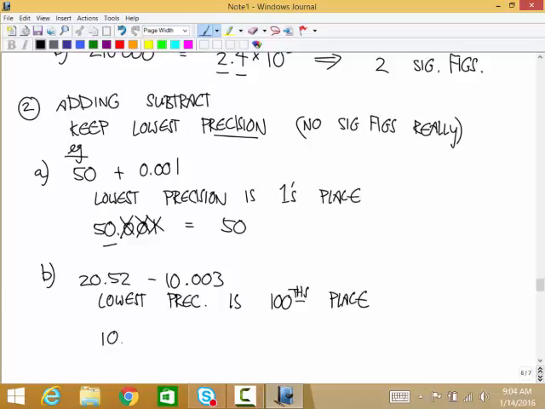If you just plug these into your calculator, you get 10.517. We're going to keep this one. We're going to reject this one, but we're going to round it. So you get 10.52. Okay.